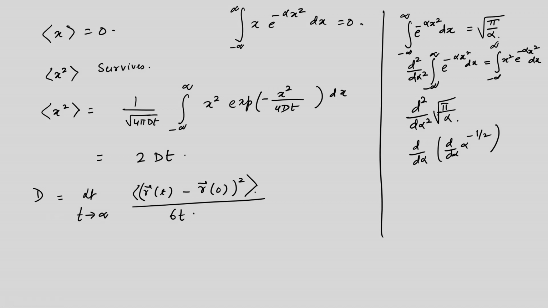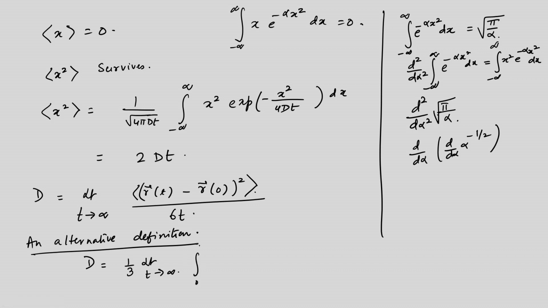Basically, there is also an alternate expression for the diffusion coefficient in terms of the velocities, and the velocity autocorrelation function is, so, D is equal to 1/3 limit t going to infinity, integral from 0 to some tau, tau is just a dummy variable, of v at tau and v at 0, and then d tau.